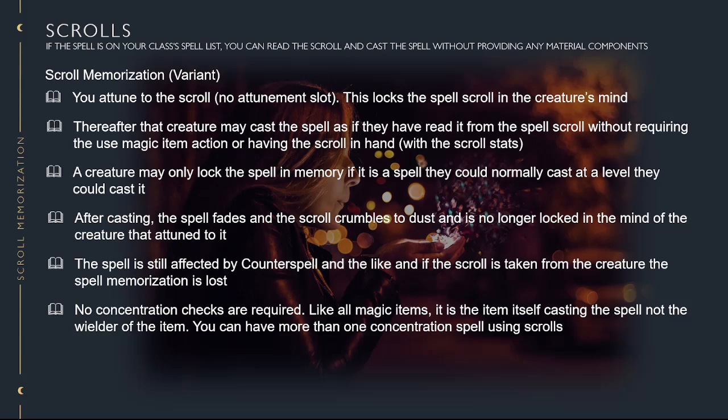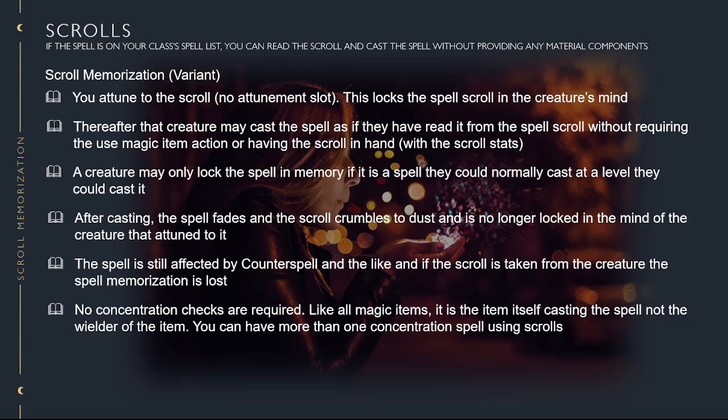No concentration checks are required. Like all magic items, it is the item itself casting the spell, not the wielder of the item. You can have more than one concentration spell using scrolls. For example, say you had Bless up during a combat situation, and you felt like you needed protection from evil up. Because you've got a protection from evil scroll memorized, you could cast it.